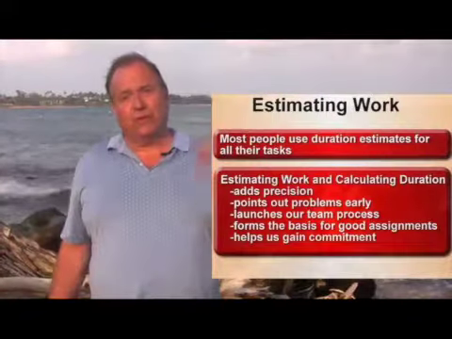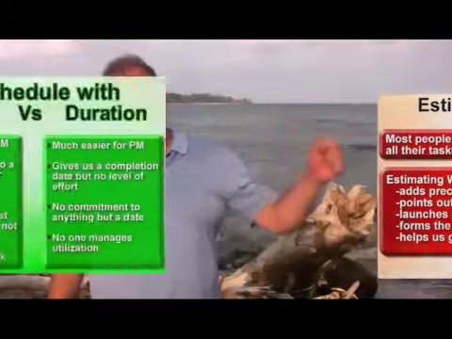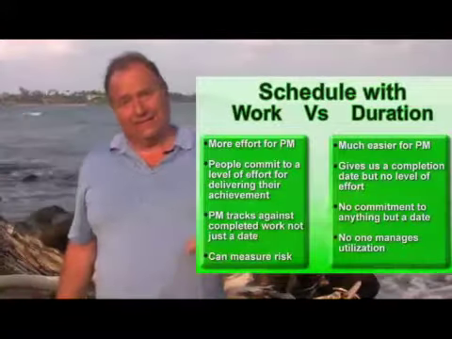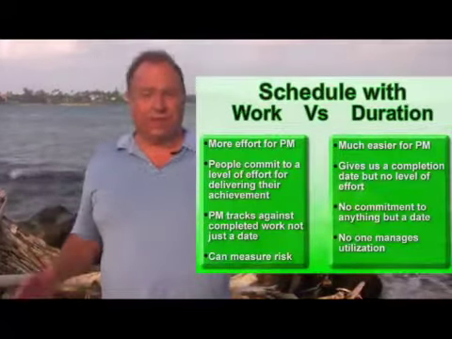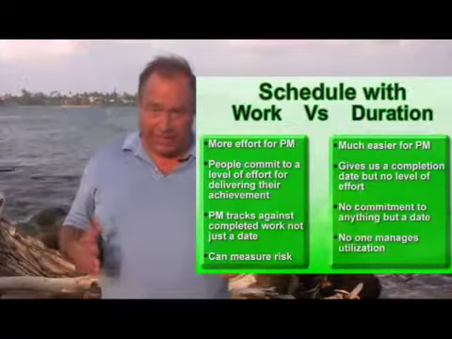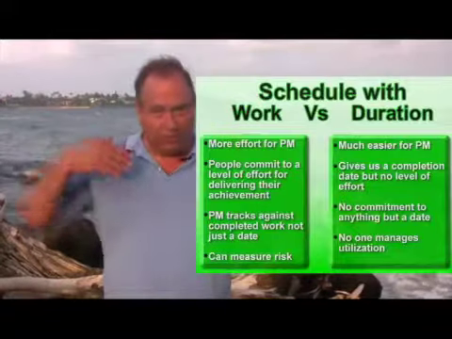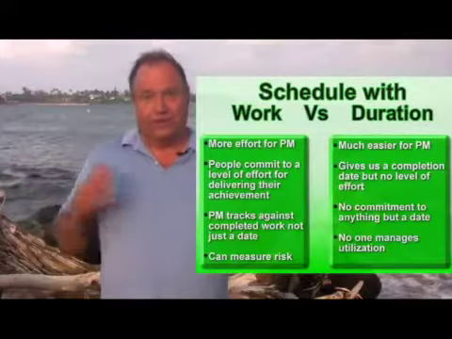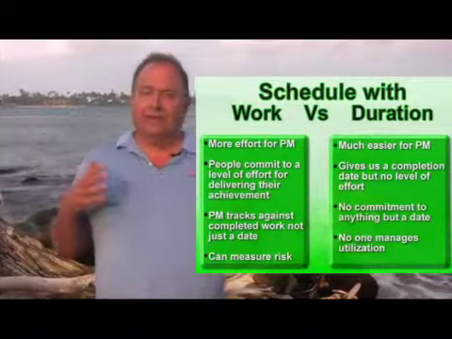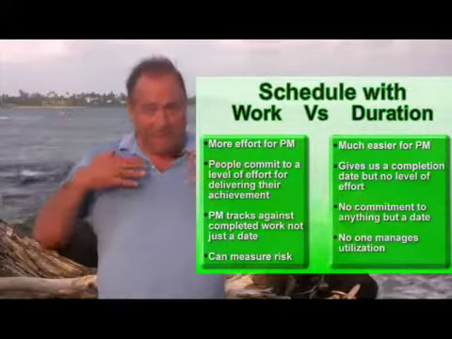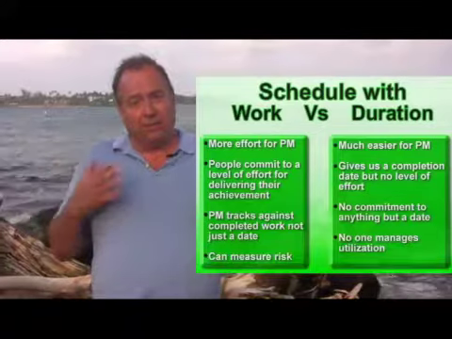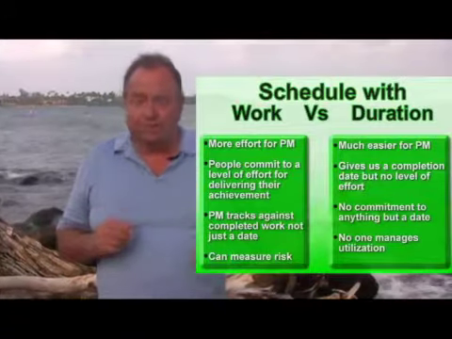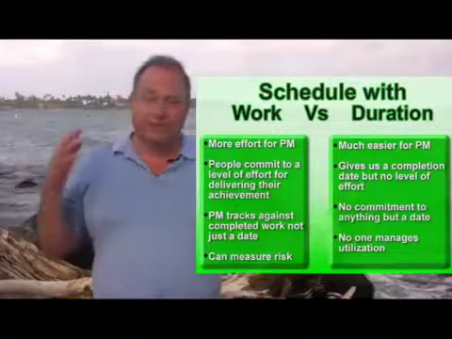And so you know you have a problem in the first week instead of waiting until the team member tells you about it on the planned finish date. That's why people who manage projects, programs or portfolios for their living use work estimates. It mainly gives us early warning on problems, so we can solve small problems early rather than big problems when it's too late.